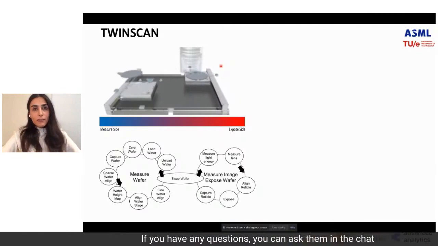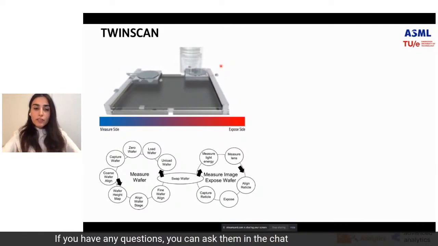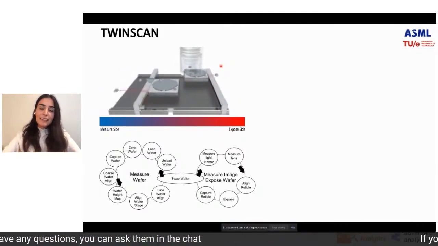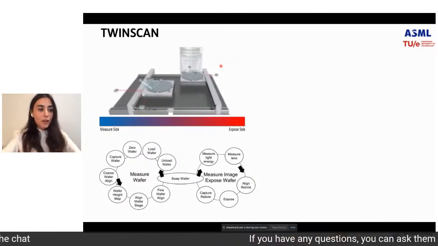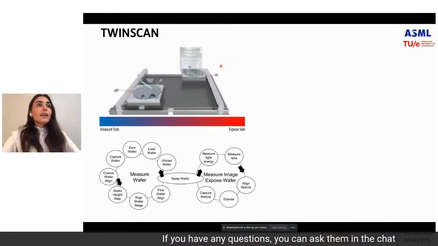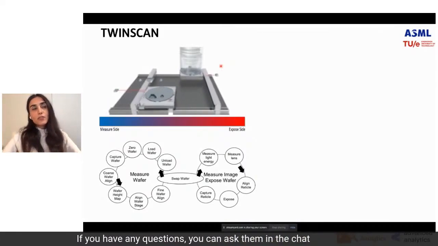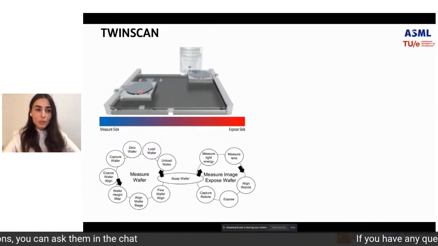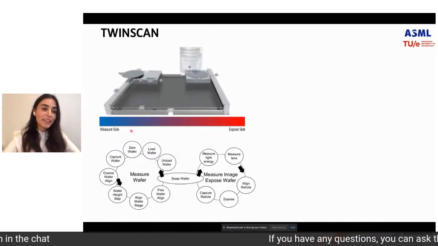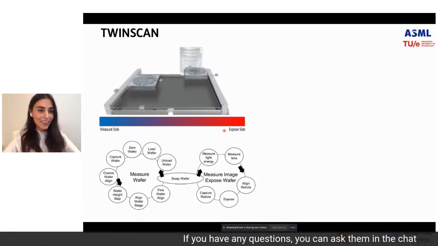And next, I want to go to the use case. So at ASML, which is one of the biggest market leaders in the semiconductor industry, a Dutch company, as you can see, TwinScan is one of the oldest, most important, and biggest machines there.